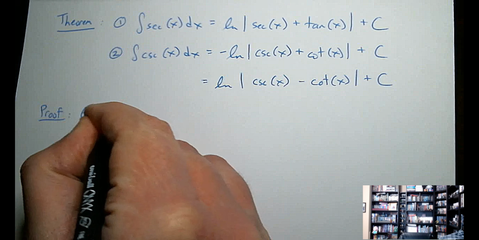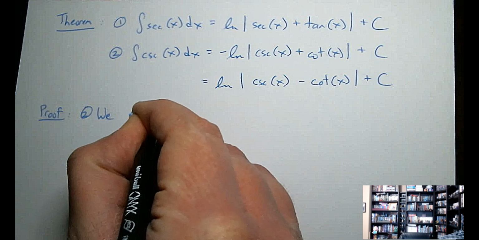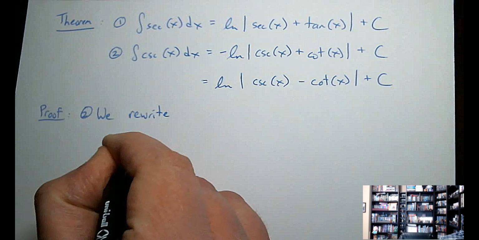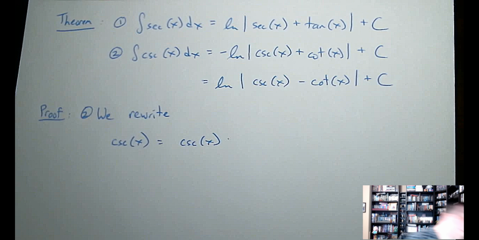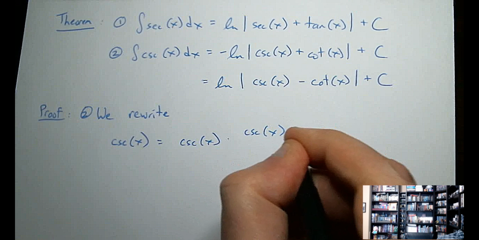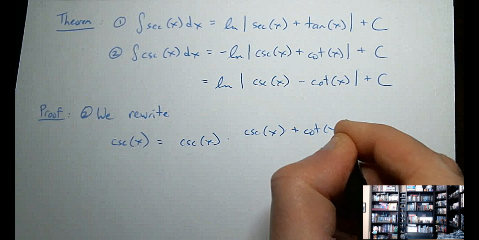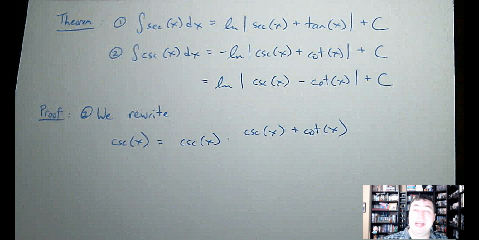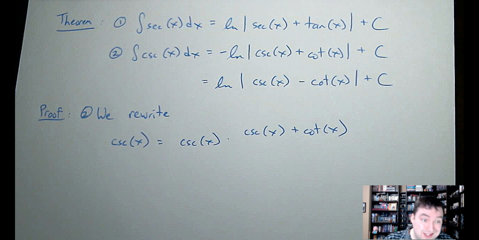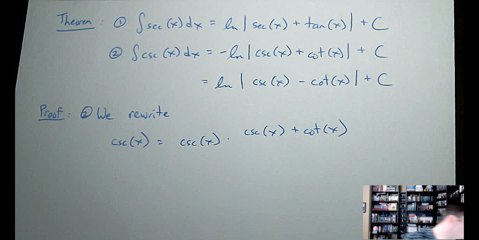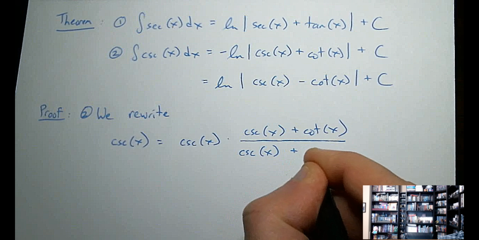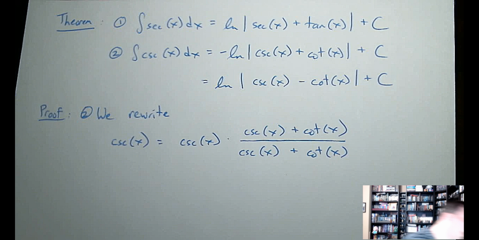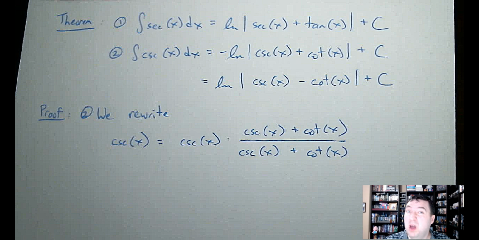So for number 2 here, we're going to take cosecant x and multiply it by a very specific expression: cosecant x plus cotangent x. And of course, we can't just multiply by some random expression, because then we're working with a completely different function. So if we multiply that in, we also have to divide by the same thing, so that effectively we're multiplying by a very conveniently chosen form of the number 1.